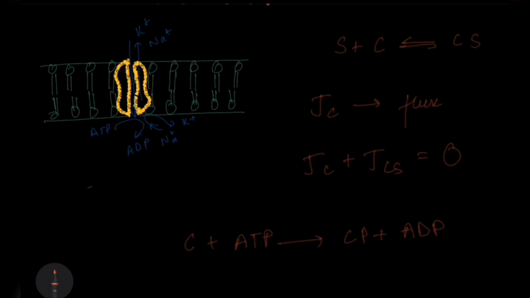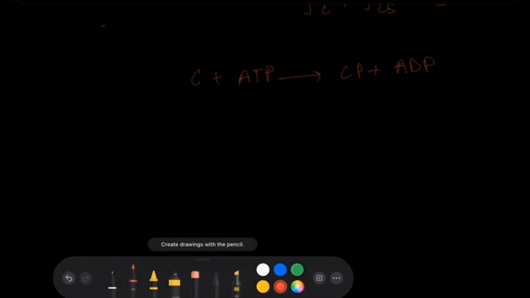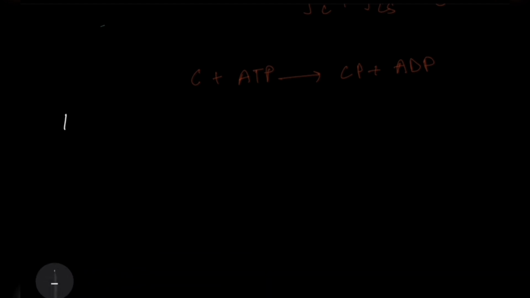Now if we come to the ionic balance and ionic exchange, we come to the equation for how all of this takes place. The ionic exchange coefficient is equal to Ki Ne upon Ke Na. These are the concentrations of potassium and sodium ions inside and outside of the cell.